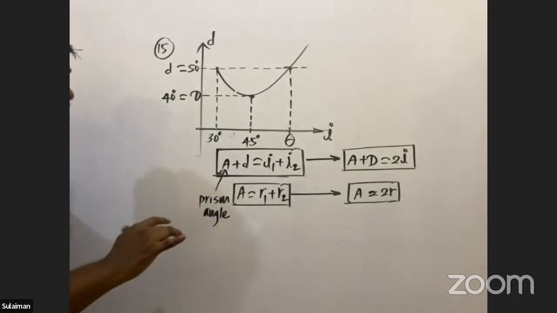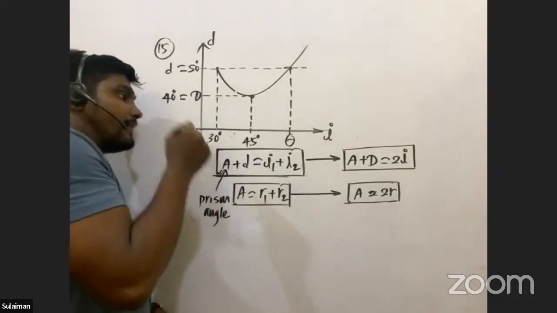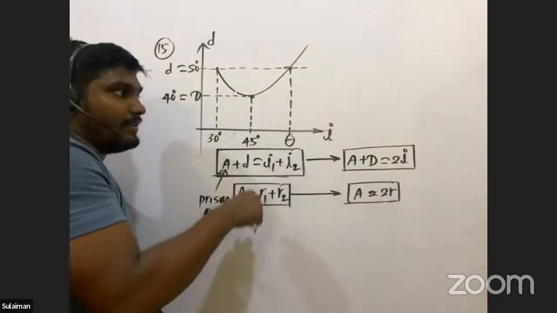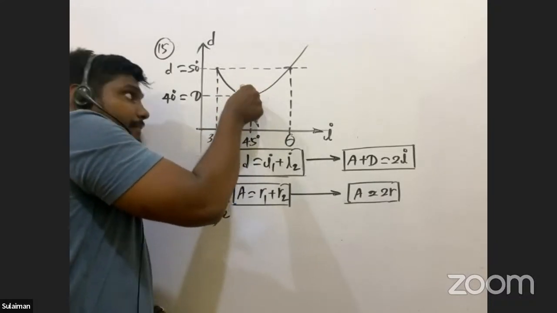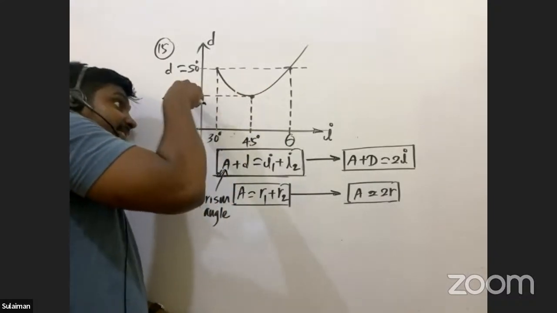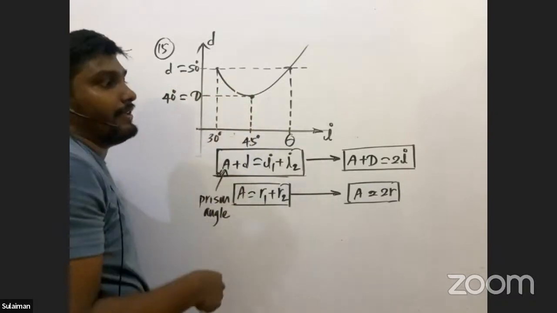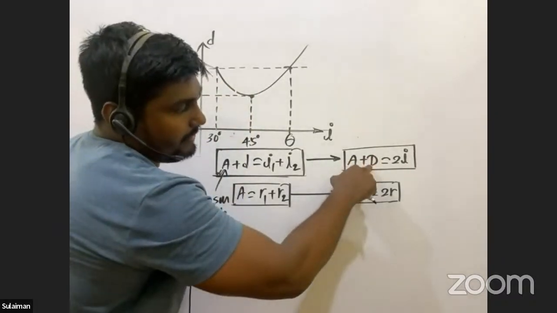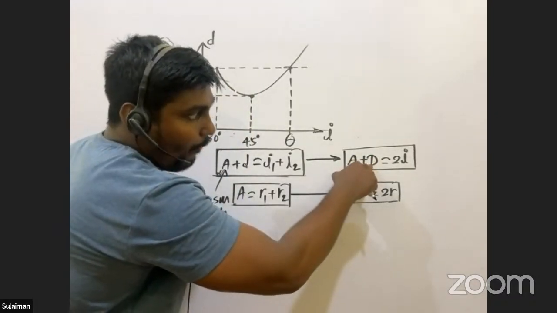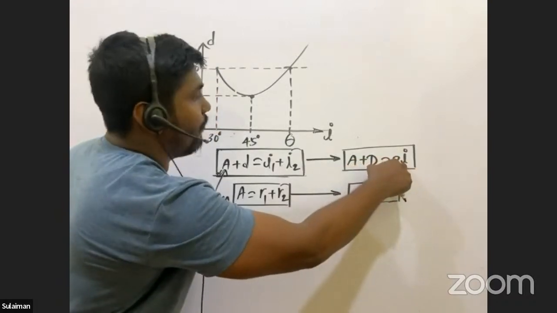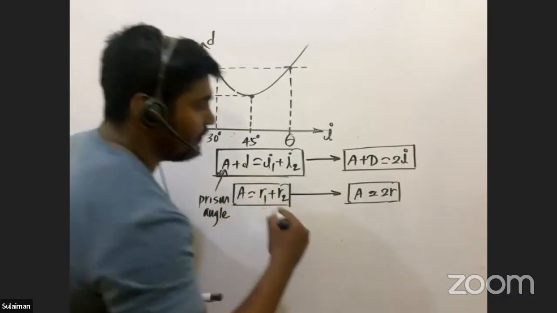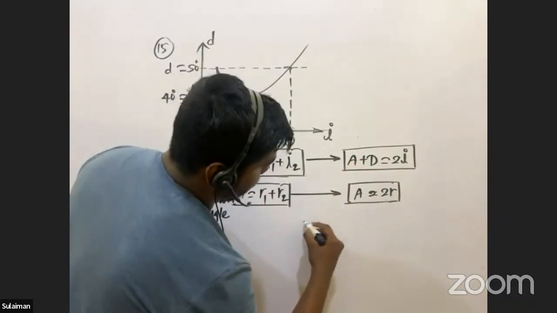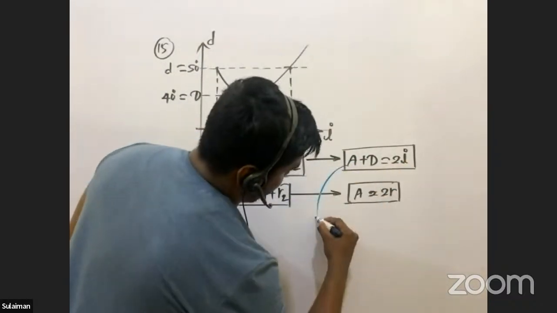So what I do, initially I will find the prism angle. How do I find the prism angle? They have given enough data for minimum deviation. Minimum deviation is 40, and in that case, your I is 45. Then you can easily find capital A if you use this equation.